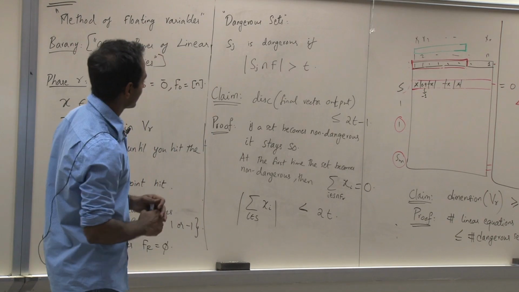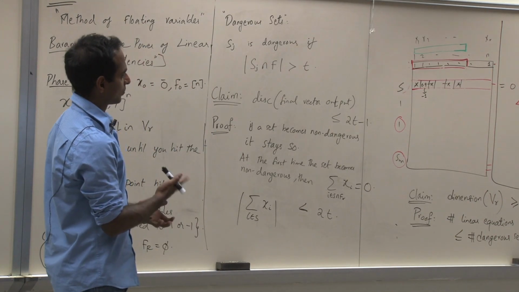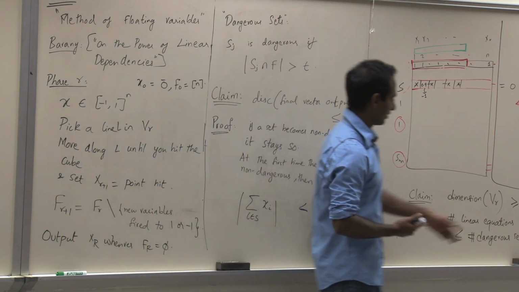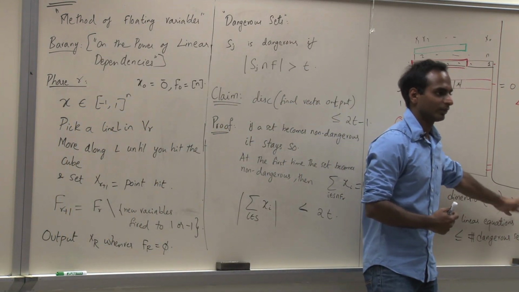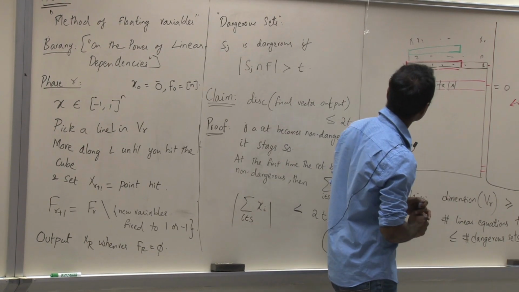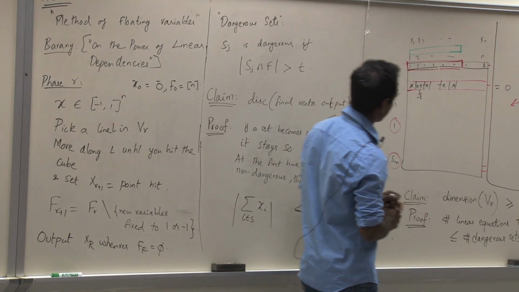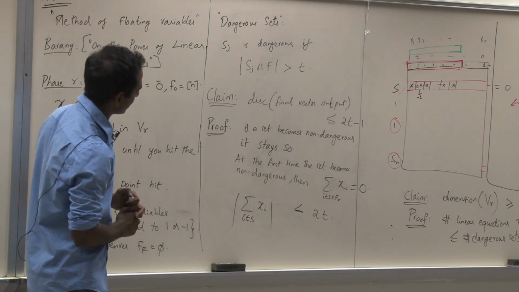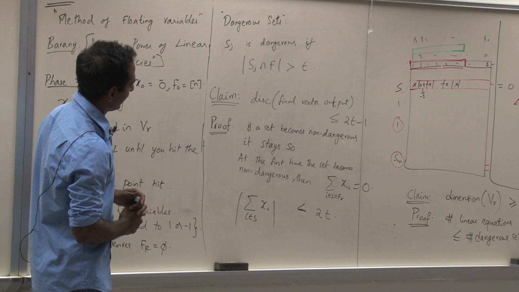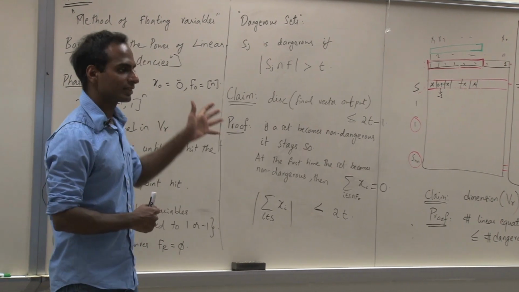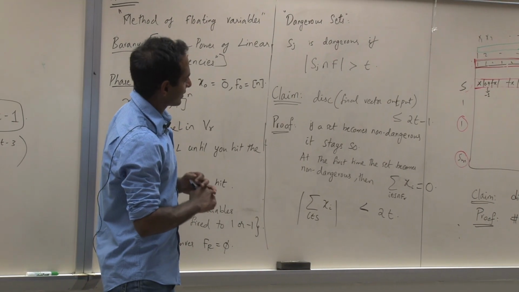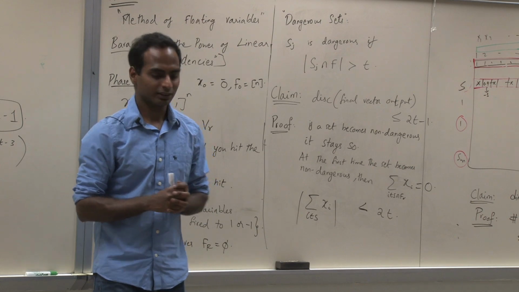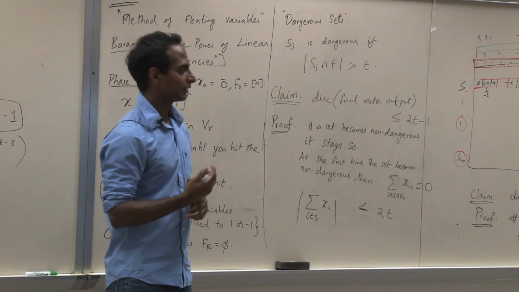As you can see, it's somewhat surprising and it's very elegant. The only thing we used here was that the dimension of this space is greater than or equal to 1. And in the next half of the talk, I'll sketch a slight generalization of this proof to a more powerful result, which will be the partial coloring lemma.